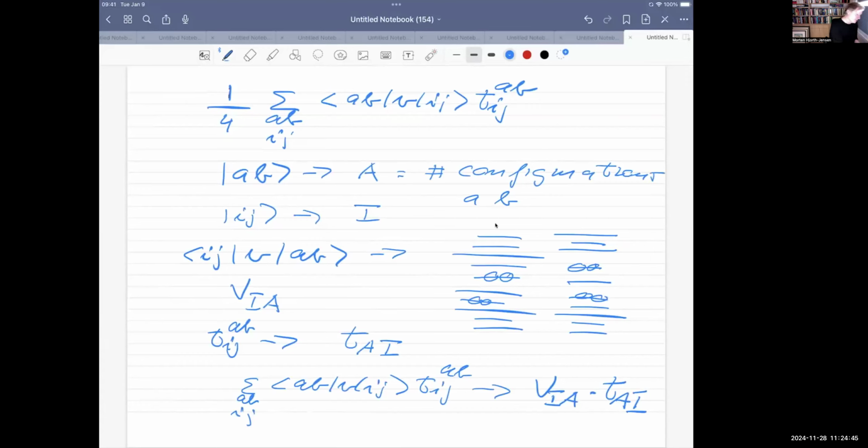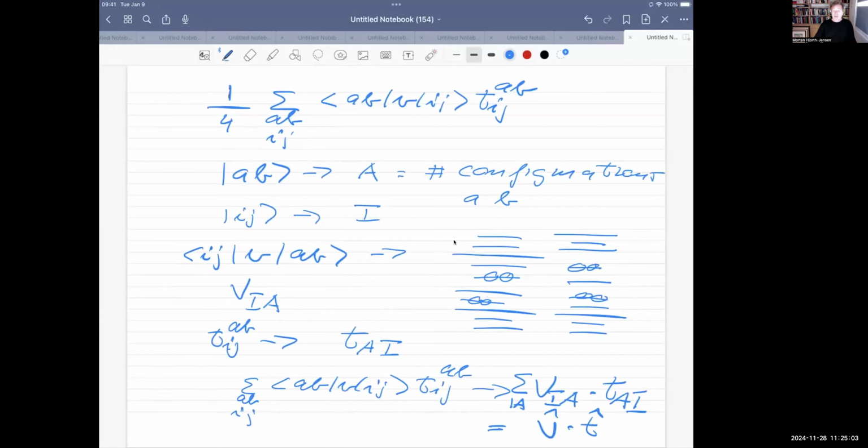So in principle, what we're doing now is to sum over I and A, and we will simply write this as a matrix V times a matrix T. And that will be the compact notation which we will then use in this specific case.